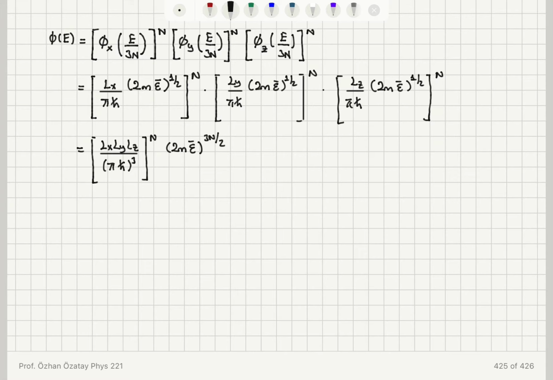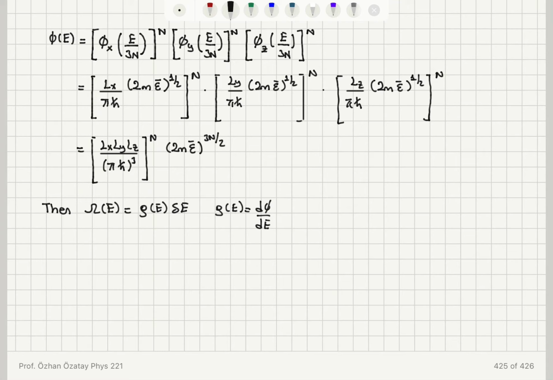And then we can obtain the number of accessible states for energy in the range E to E plus delta E, that is the density of states multiplied by the energy interval delta E. The density of states is the derivative d phi dE.